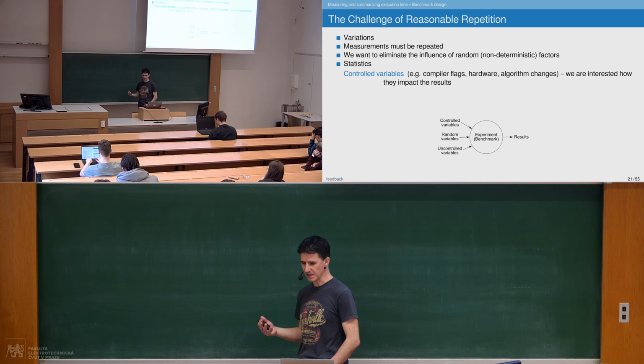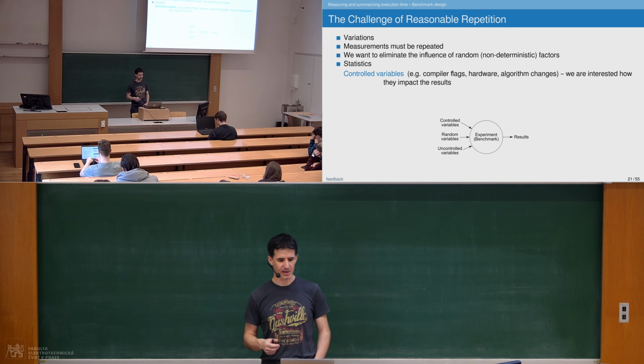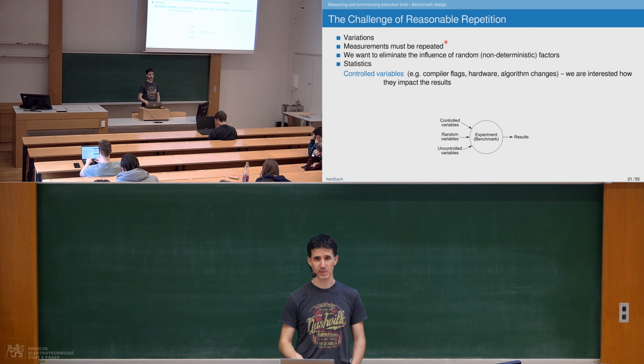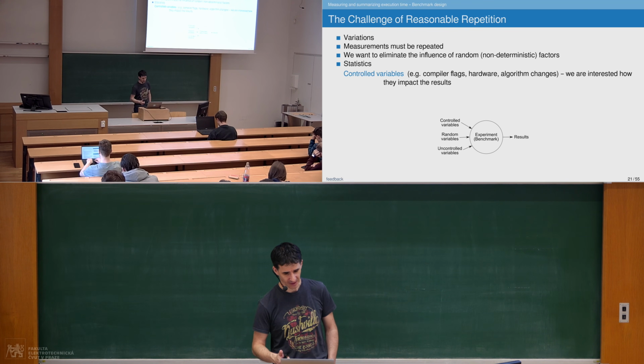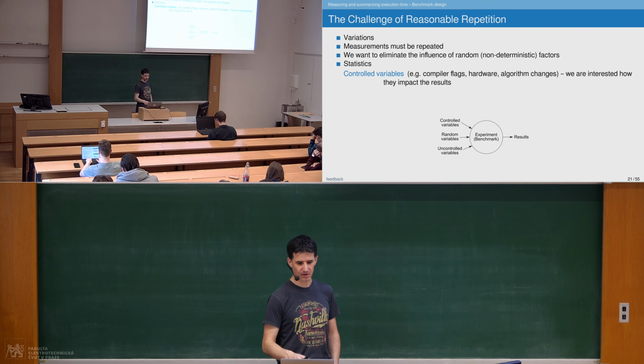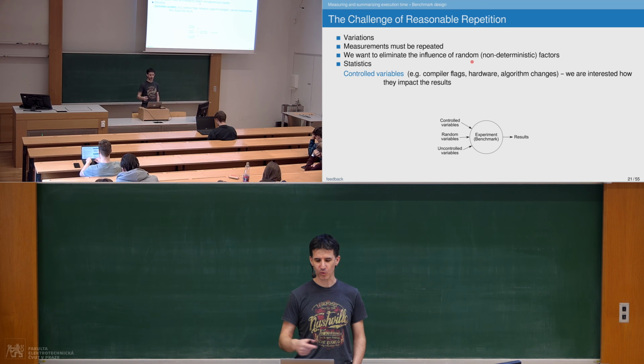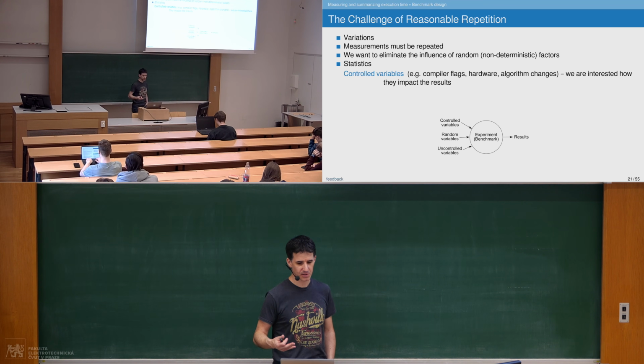To mitigate the effect of those variations, we basically have to repeat our measurement. So a single measurement is never enough. You always have to repeat it. And we want to eliminate the influence of those random factors.